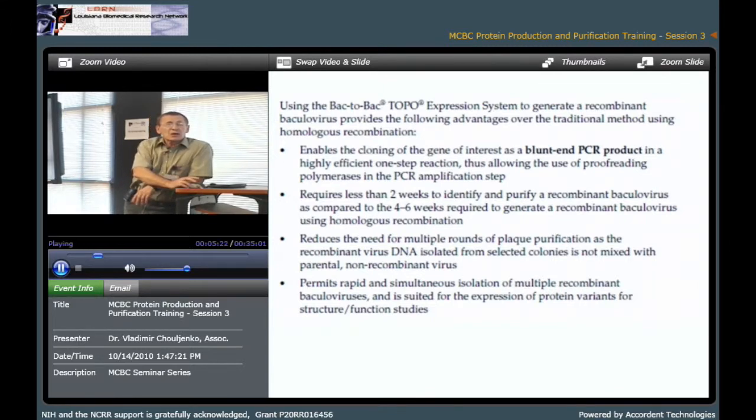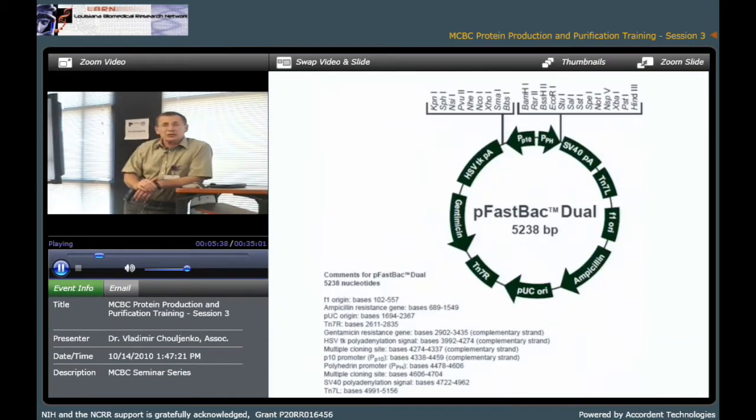And because of the convenience of working with E. coli, you can make a lot of different variants at the same time. It's relatively easy, and you can produce multiple recombinant molecules at once.